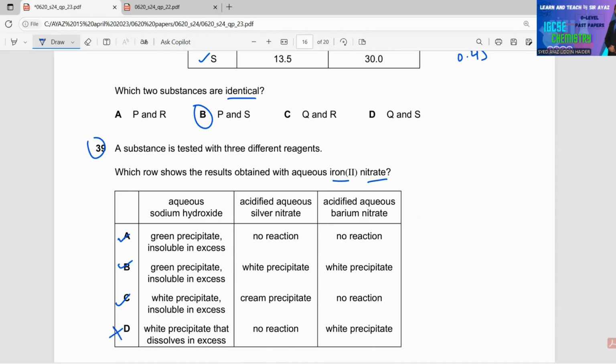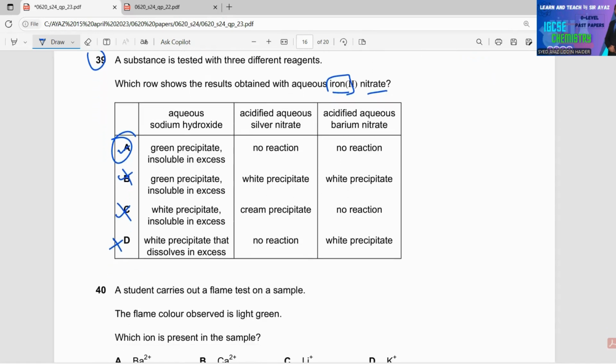D is incorrect because for Fe2+ ions, we will get a green precipitate which is insoluble in excess. What about nitrate? With acidified aqueous silver nitrate, it should be no reaction. So A must be the right answer in this case because in the last one, acidified aqueous barium nitrate is also showing no reaction as it contains nitrate ion. So A is the final answer in this case.